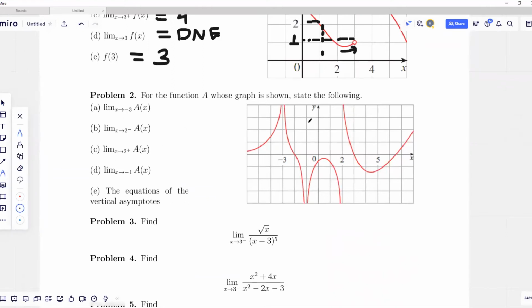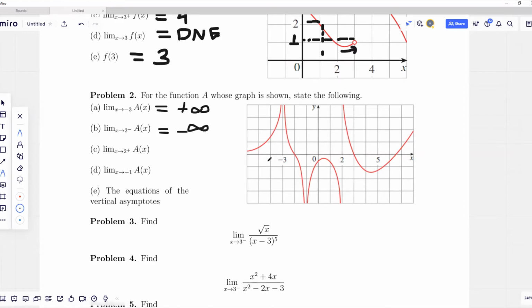So we have the following function, limit as x is approaching -3. We can see that the left-side and right-side limits are equal to plus infinity. So this is plus infinity. When x is approaching 2 from the left side, we can see that this limit here is equal to minus infinity.